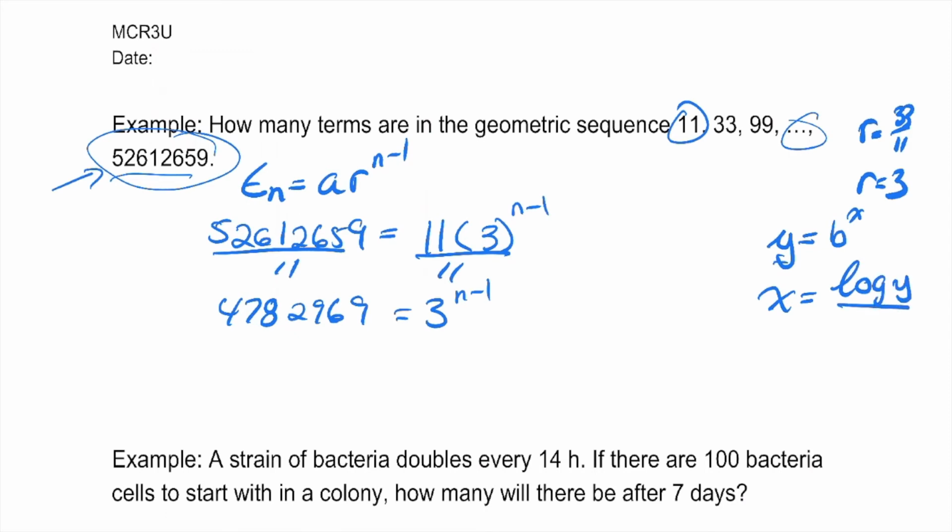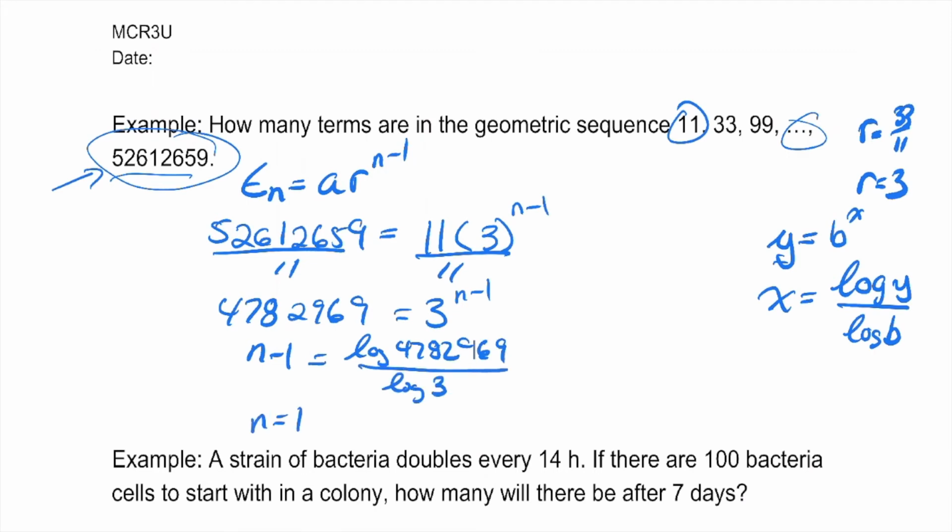In other words, log of y is equal to log of the base, so log base 10 in this case. So here we're going to say that n minus 1, because that's my exponent, is going to be the log of 4,782,969 over the log of 3.